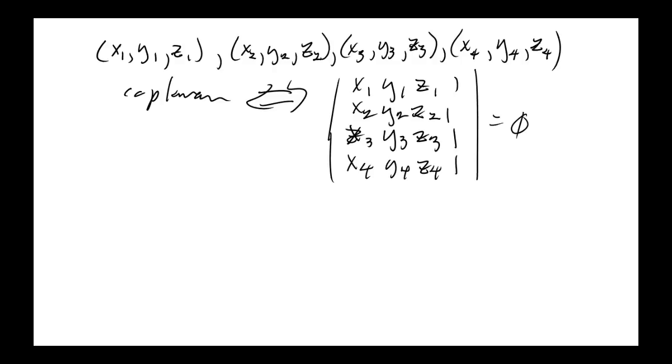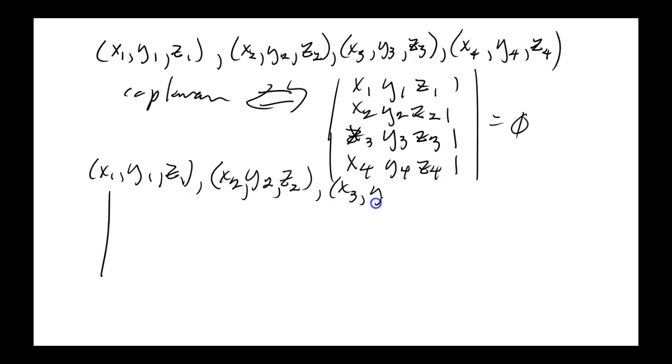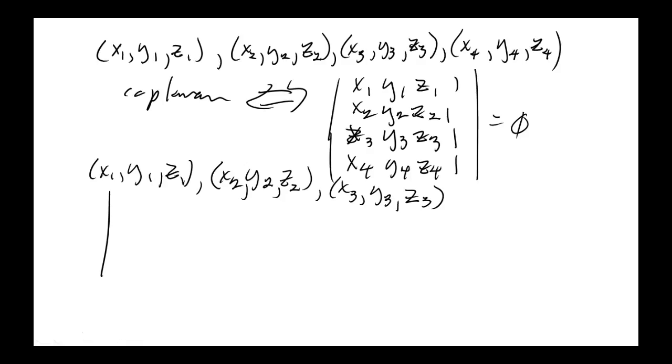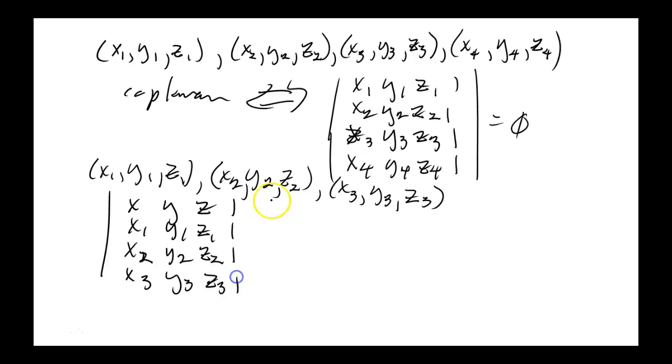So if you have one plane going through 3 points, then your determinant, now we only have 3 points, x1, y1, z1, x2, y2, z2, and x3, y3, z3. 3 points in space, they are coplanar if this determinant x, y, z, 1, x1, y1, z1, 1, x2, y2, z2, 1, x3, y3, z3, 1 is equal to 0, you have an equation for the plane.